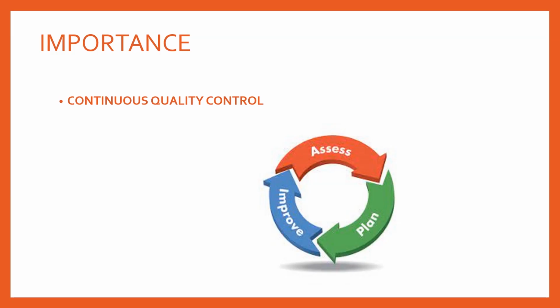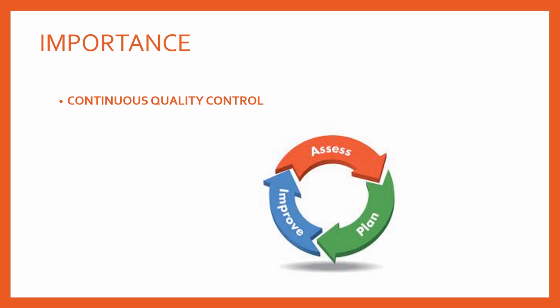If we apply this statistical quality control technique, there is a particular flow by which you can plan one activity, then improve that activity, and then assess the activity. So planning, improvement and assessment, these three things are very important in continuous quality control.